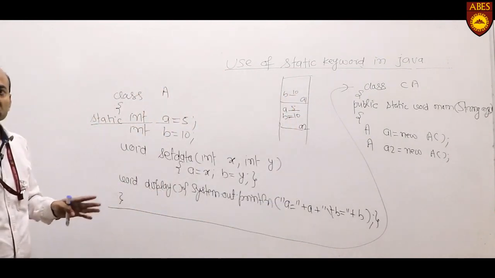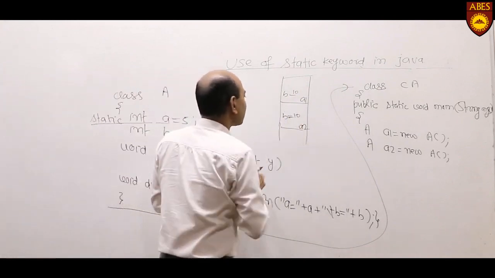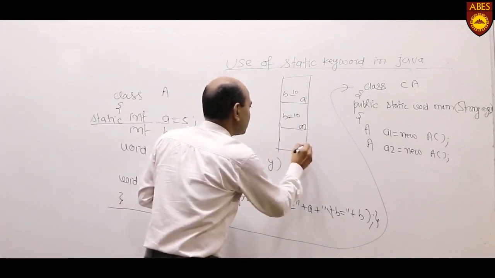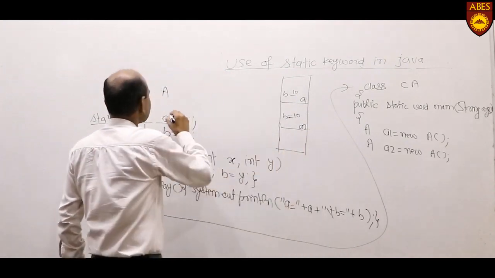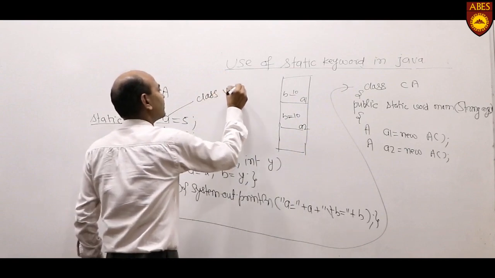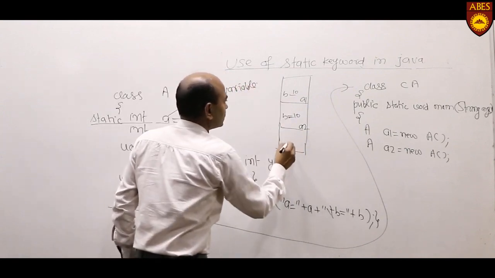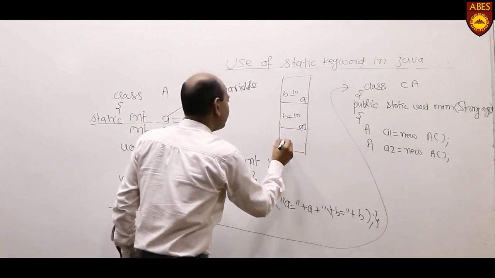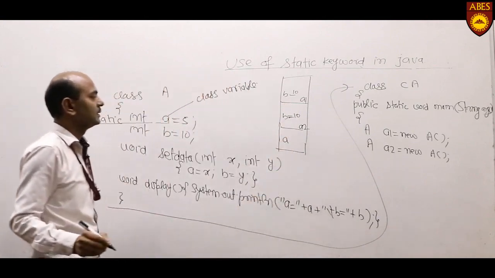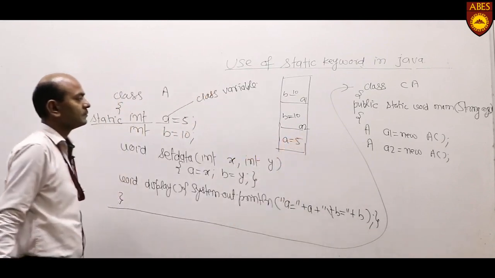Rather it will be stored outside the object memory area, that is in the class area. So this is also called a class variable. So memory for A will be allocated separately and will be initialized by 5.